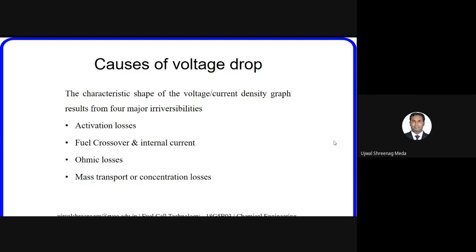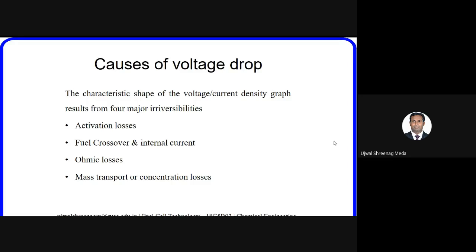The last type is mass transport or concentration losses. The places at which the fuel and oxidant are consumed are anode and cathode respectively, which we basically call reactants. Because of the reactions that are taking place at the electrolyte interface, these reactants are consumed continuously.